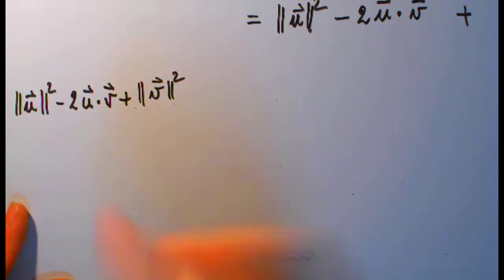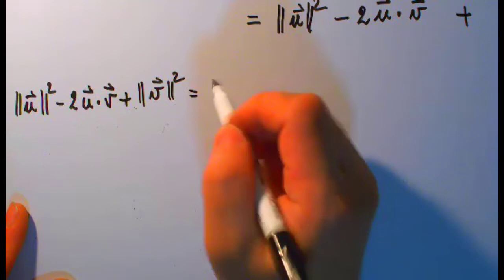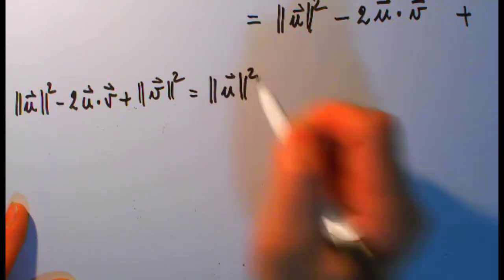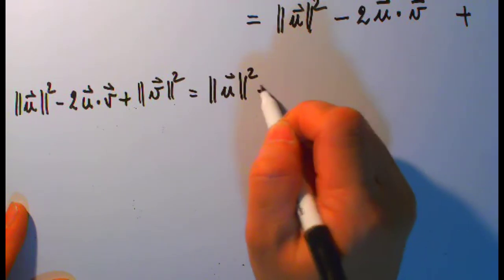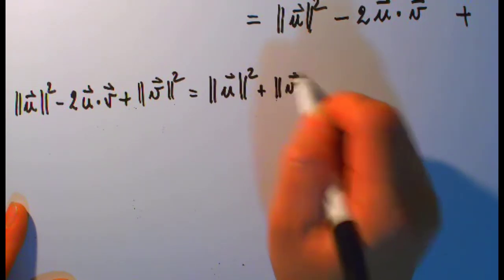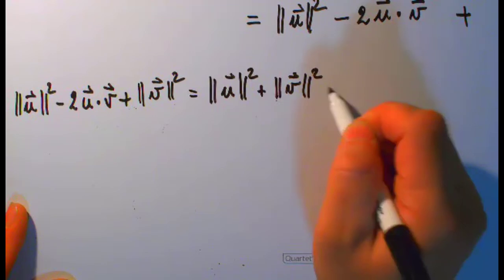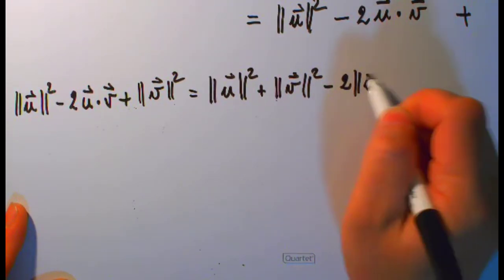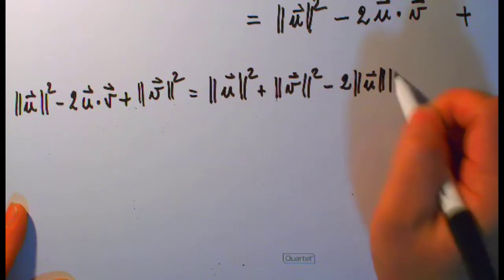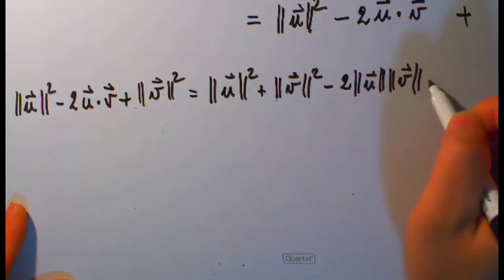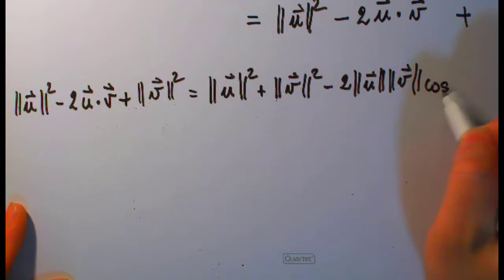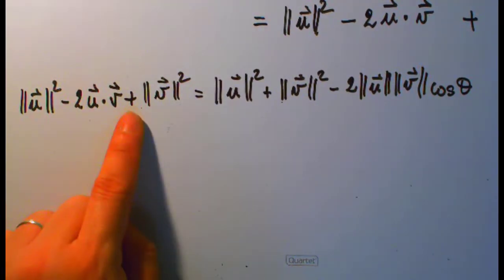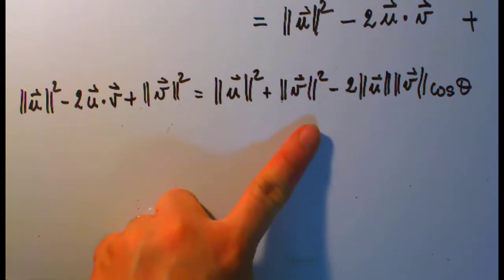We want to equate that with the right-hand side: length of u squared plus length of v squared minus 2 times length of u times length of v times cosine of theta.